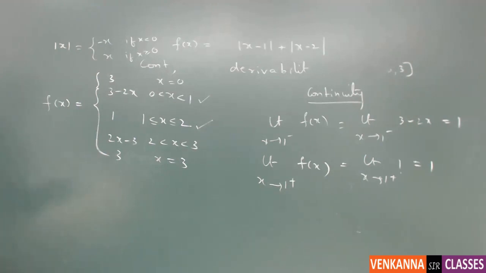In the same manner, you can verify that if you calculate the left limit and right limit at the point 2, the values are equal. Can you check on that? Left limit, right limit and function value at 2, the values are equal.